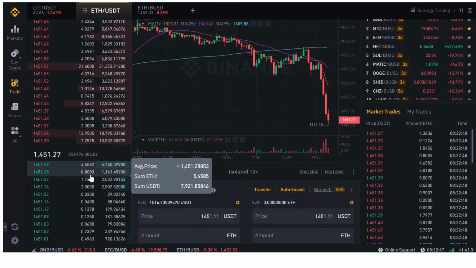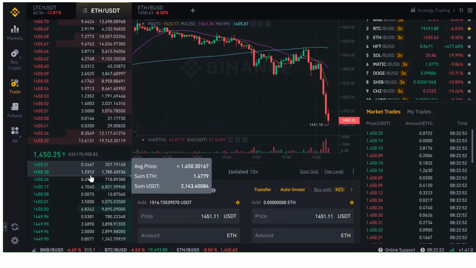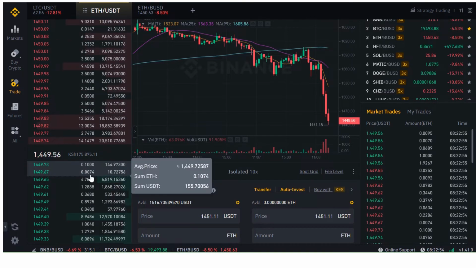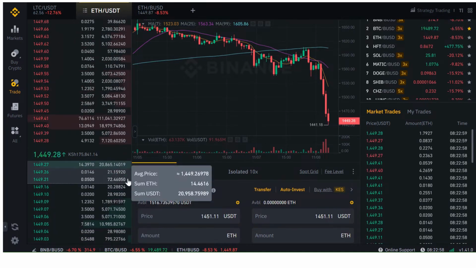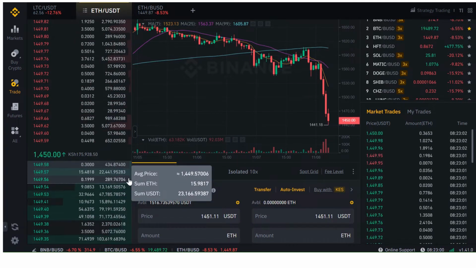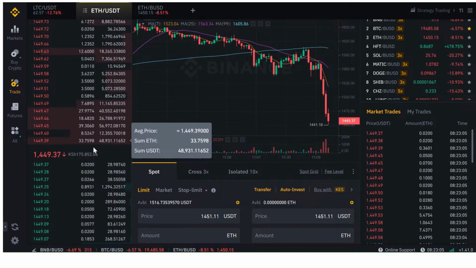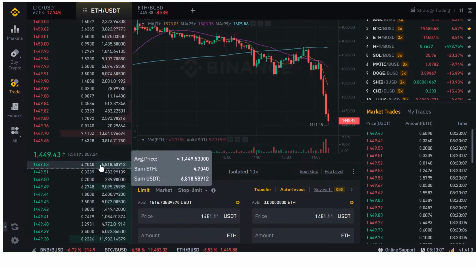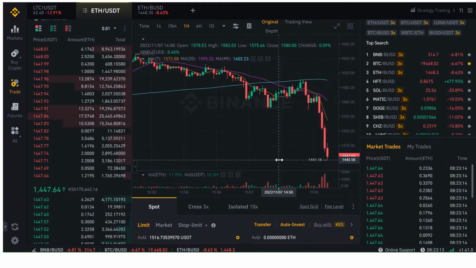The good thing about Binance, and I'm not marketing them, they are not paying me anything to say this, is that it's very liquid. As you can see, the price moves. It's easy to fill an order at Binance because there are many participants, and it's easy to execute your trades.